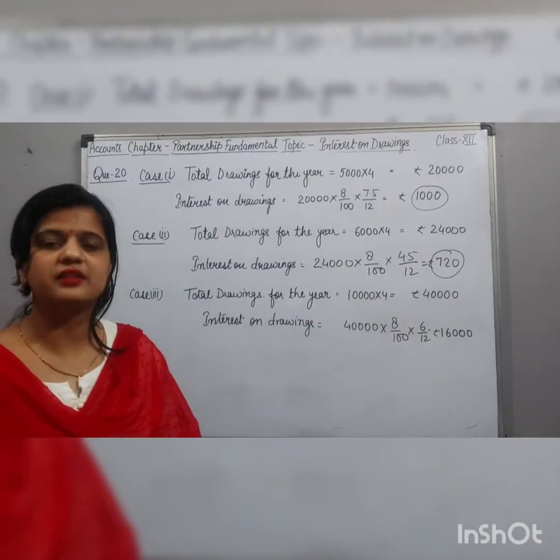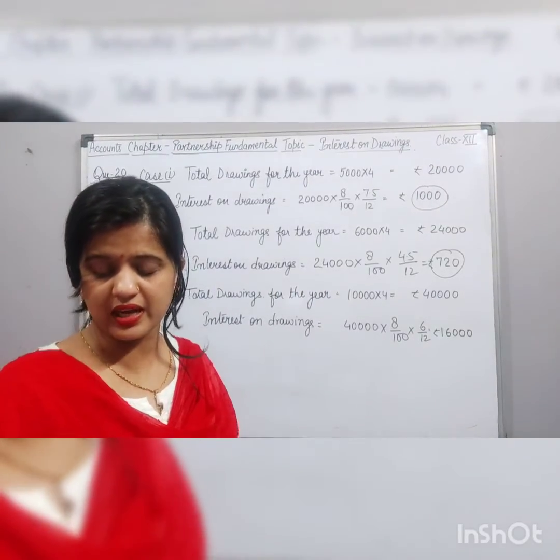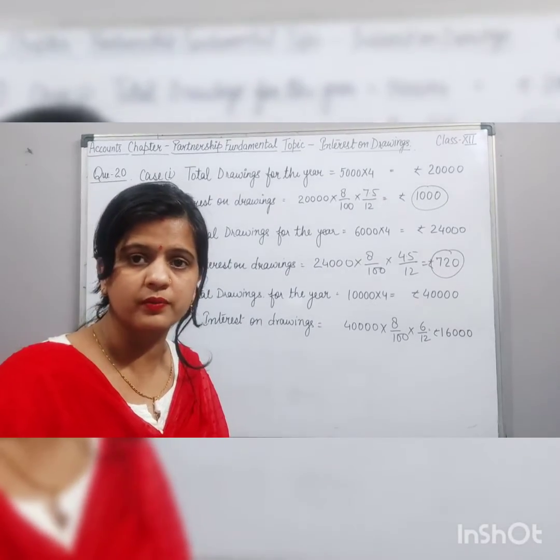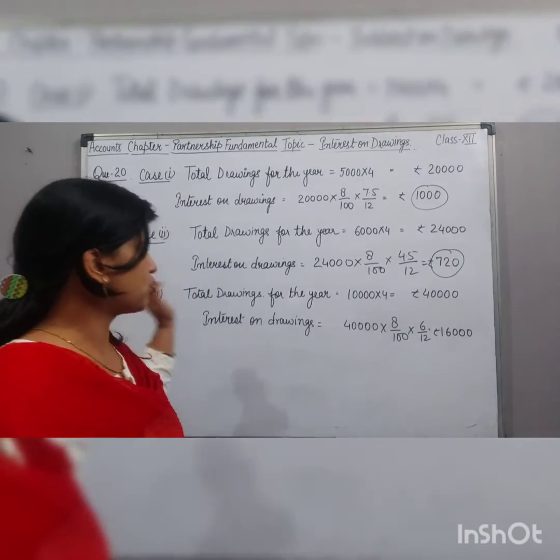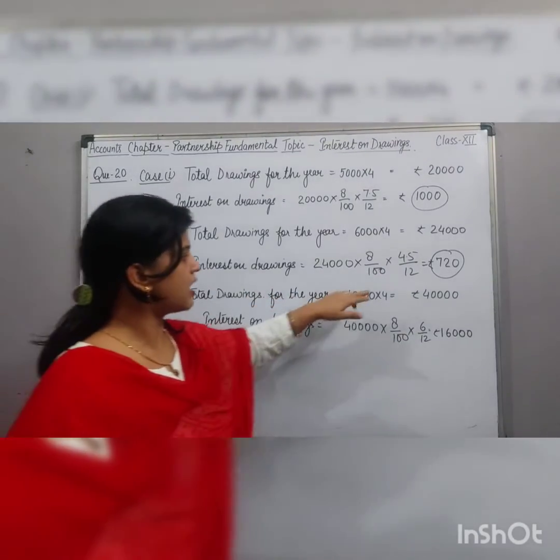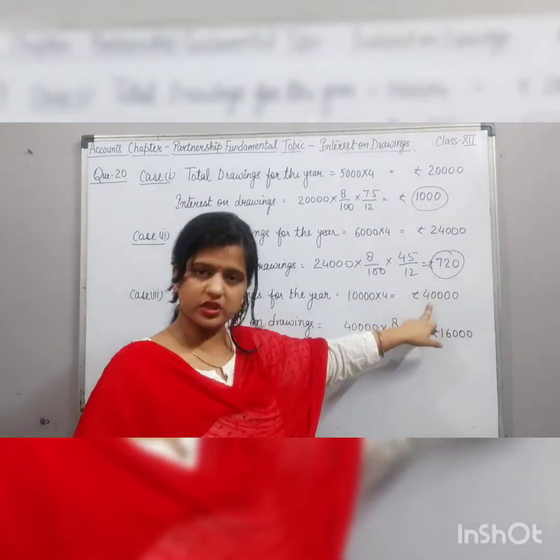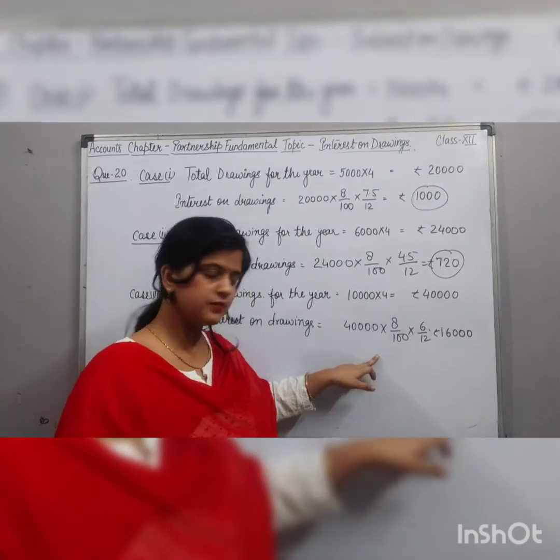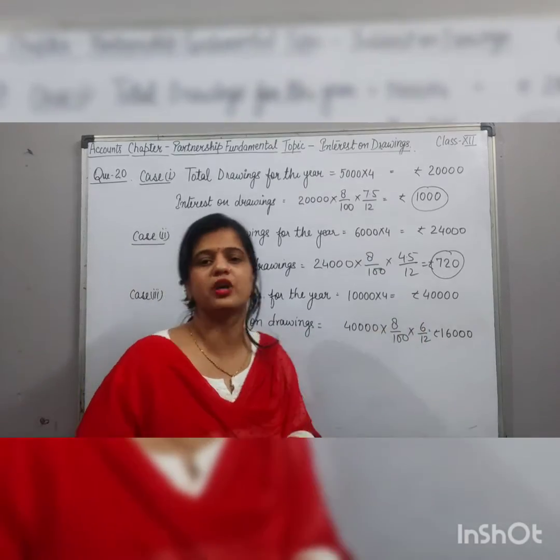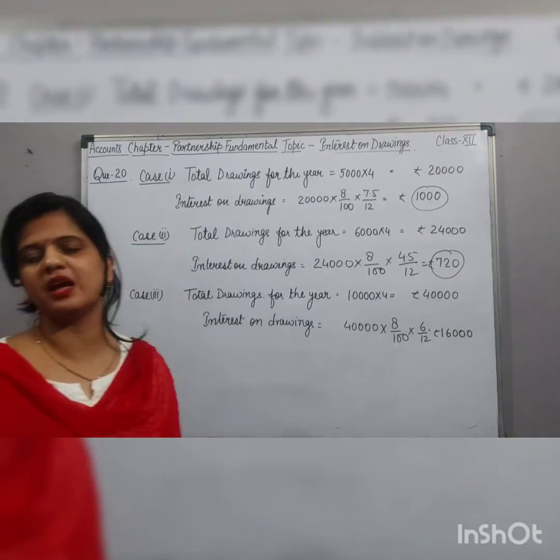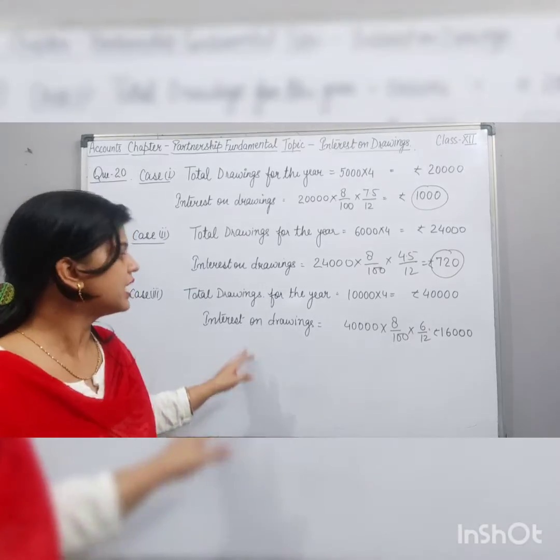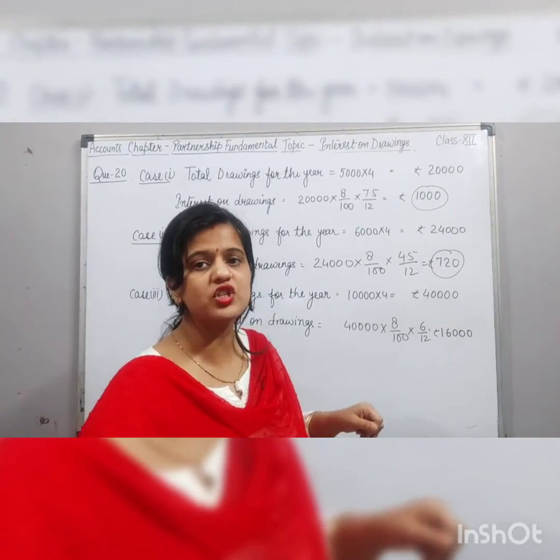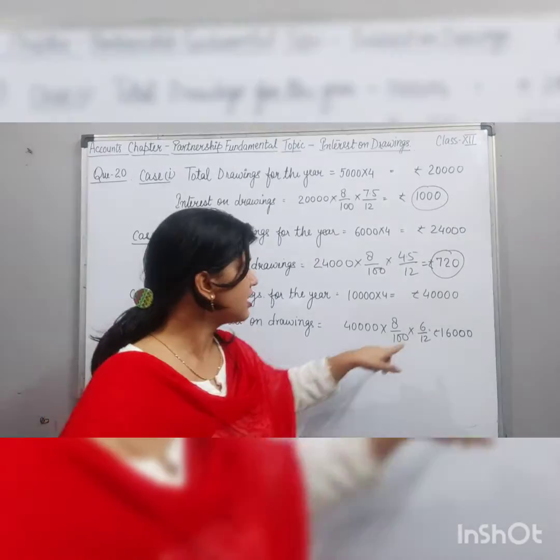In the third case, he withdrew 10,000 during the middle of each quarter. So total drawing will be 10,000 into 4, that will be 40,000. Then 40,000 into rate upon 100 into 6 upon 12, because if the drawing has been made in the middle of each quarter, the average period will be 6 months.